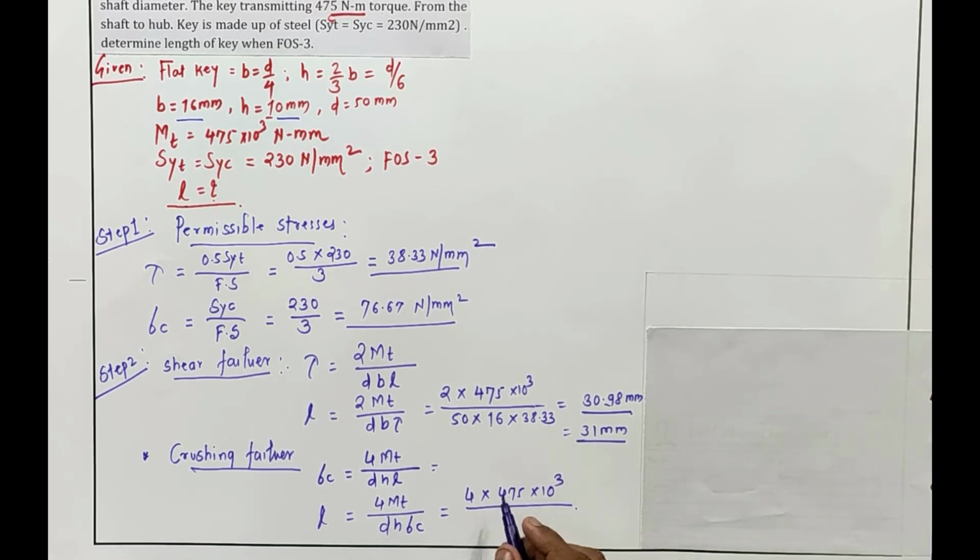So d is 50, H is 10, and crushing stress is 76.67, through which I'll get the value of length 49.5 mm. So it will be around 50 mm.